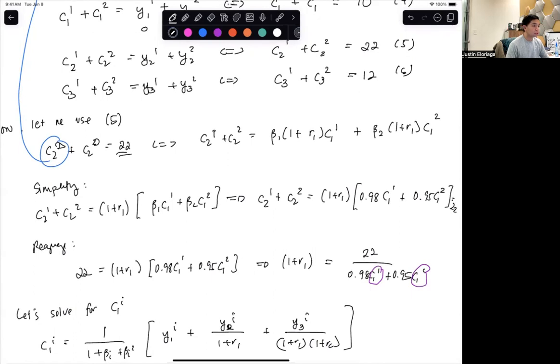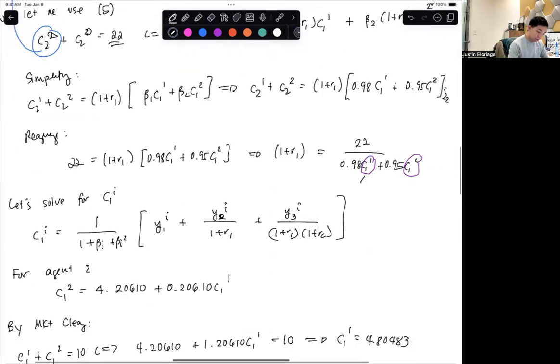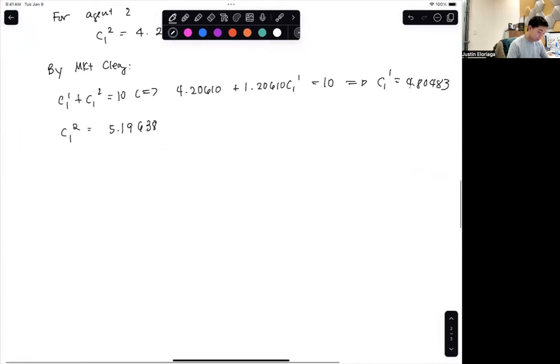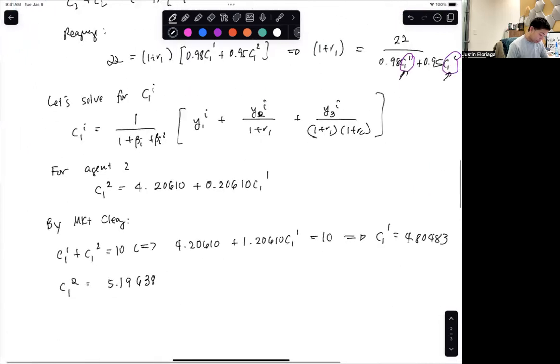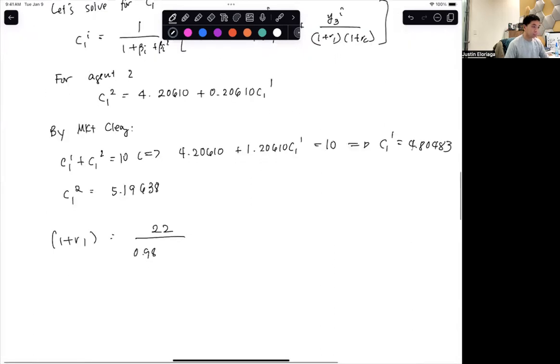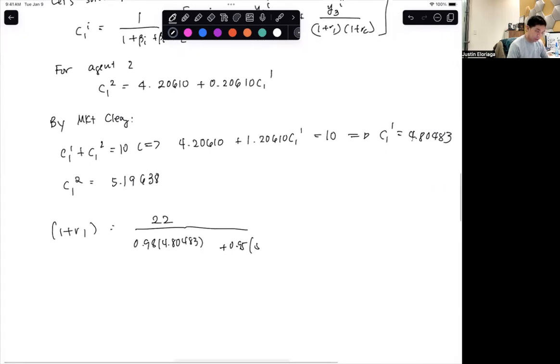Well, what I'm gonna try to do now is plug it back in to the original function. So notice these are the functions we needed. So we needed C11. So 1 plus R1 is equal to 22 over 0.98 times C11, well, that's just 4.80483, then you do plus 0.95 times 5.19638.